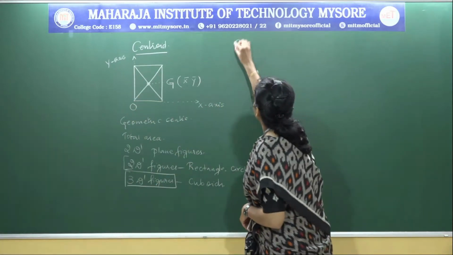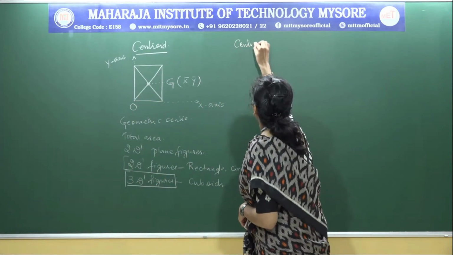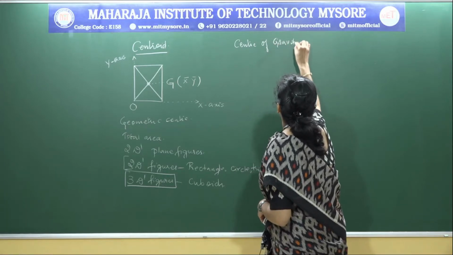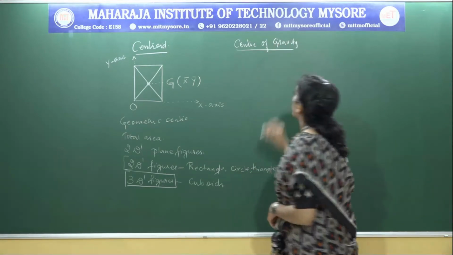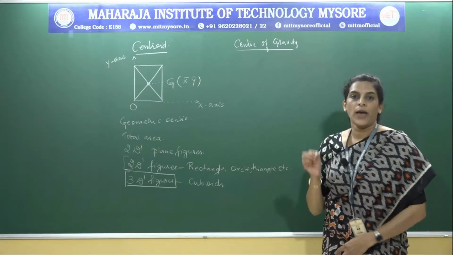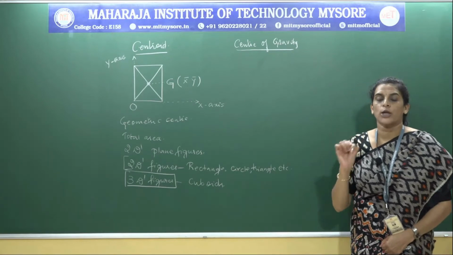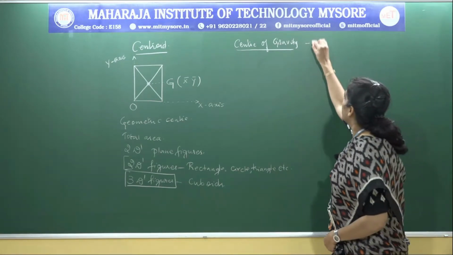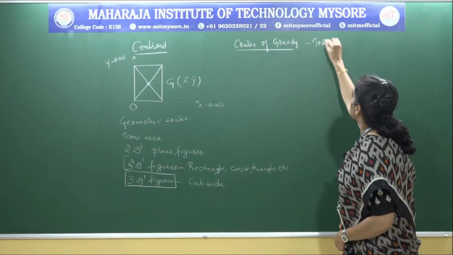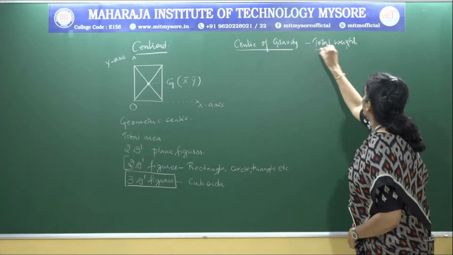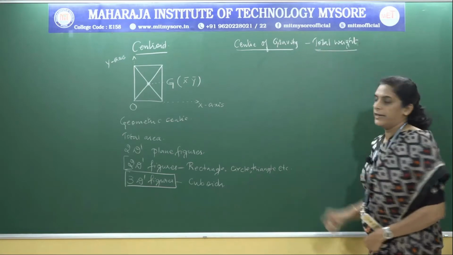So what is this center of gravity? It is the point wherein the total weight of the body is concentrated. Here we are concerned about the total weight of the whole body.